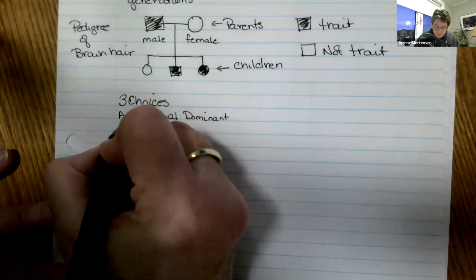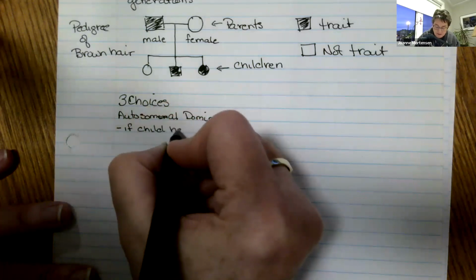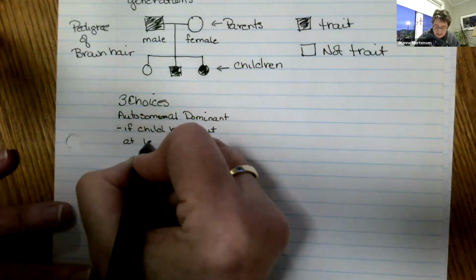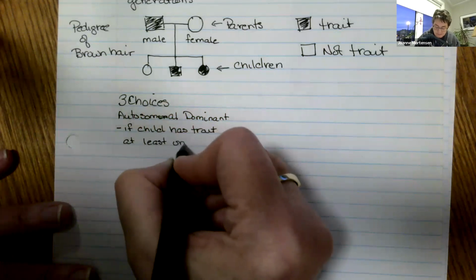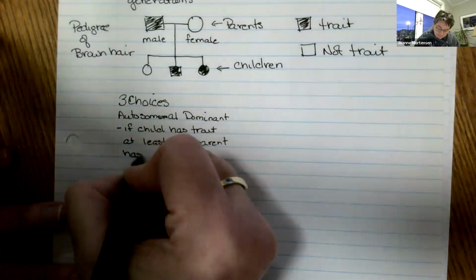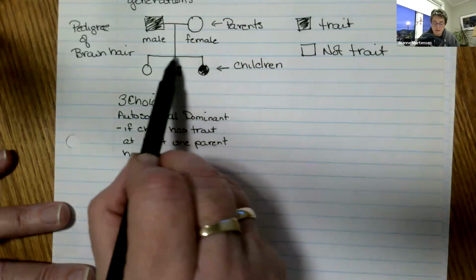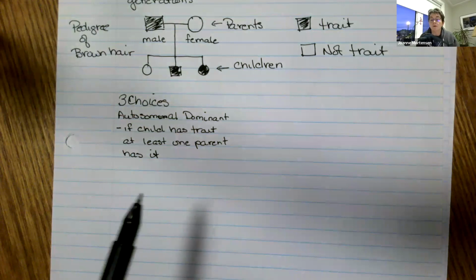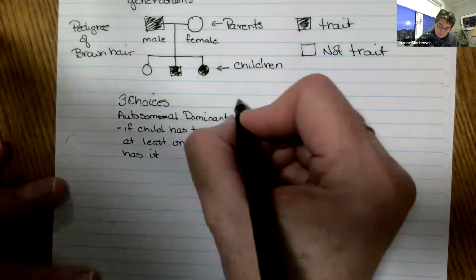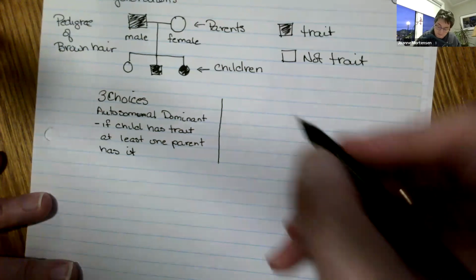So the key there, if a child has whatever the trait is, at least one of the parents has it. So if you start on the children and you go up a generation, either mom or dad or both will have that trait. The other two are recessive.